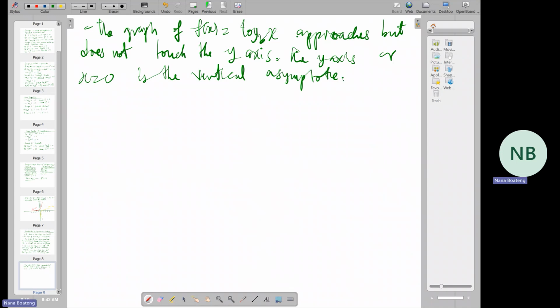Okay, so these are some characteristics of logarithmic functions.